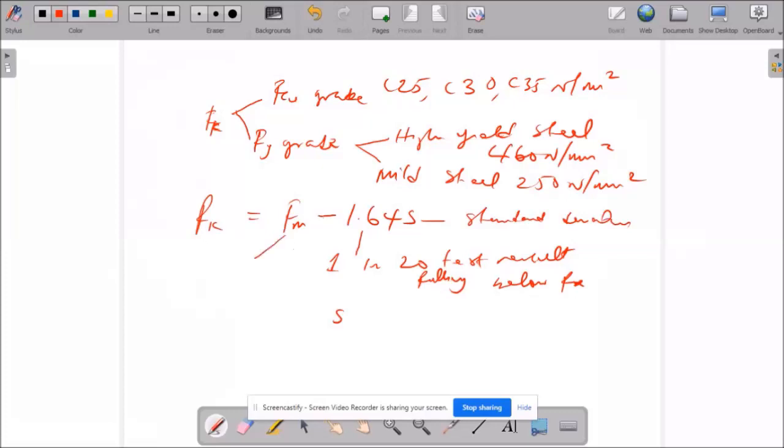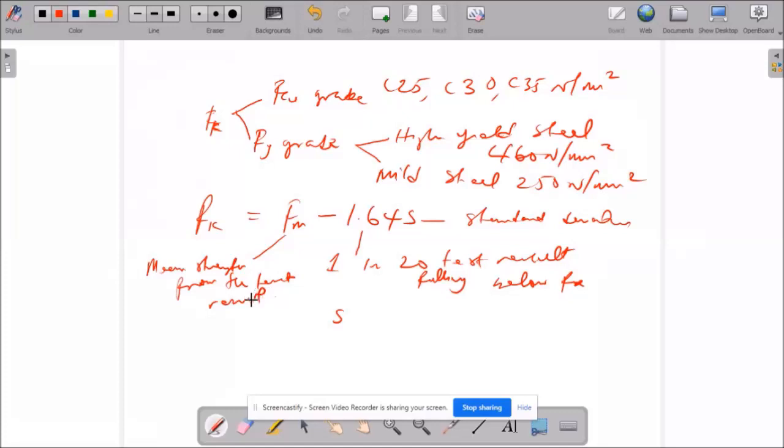Fm is the mean strength of the material, or the mean strength from the test results.